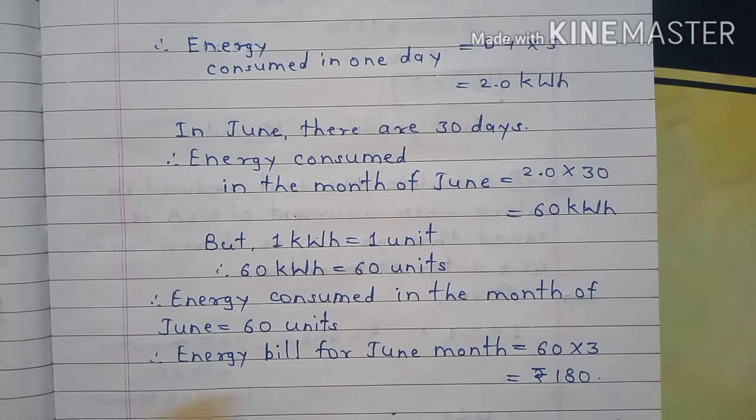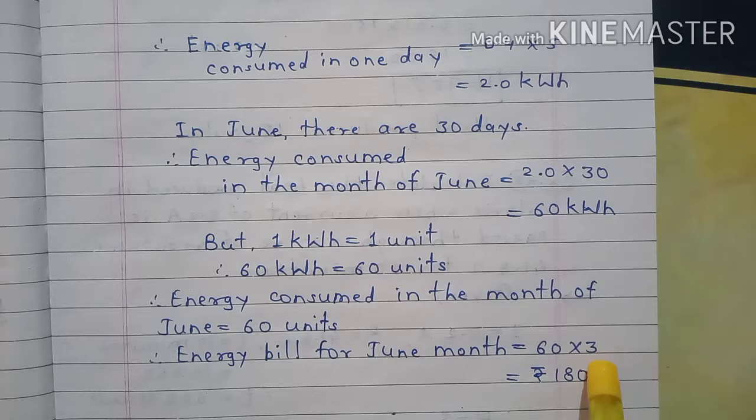And therefore we have to calculate the energy bill for the June month. The energy bill for the June month is equal to 60 into 3. Now you will ask me how this 3 came. In the example only, they gave the cost of 1 unit, that is 3 rupees.